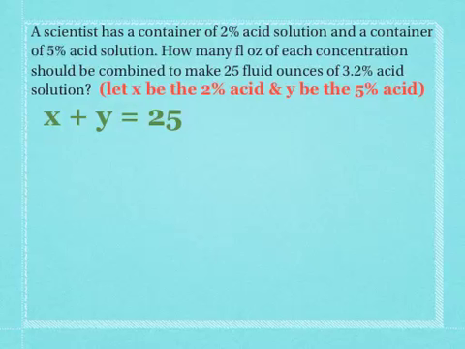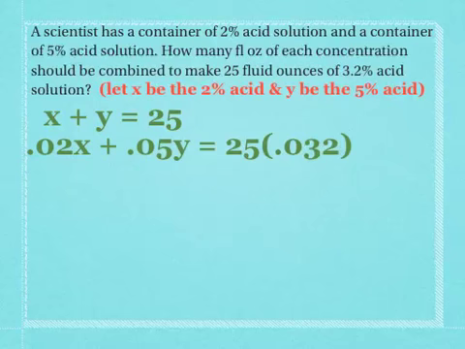The first thing that I'm going to do is say x is the 2% acid, y is the 5% acid. I know that I need 25 fluid ounces, so however much I mix of the 2% solution and the 5% solution, it needs to add up to equal 25 ounces. So there's my first equation.